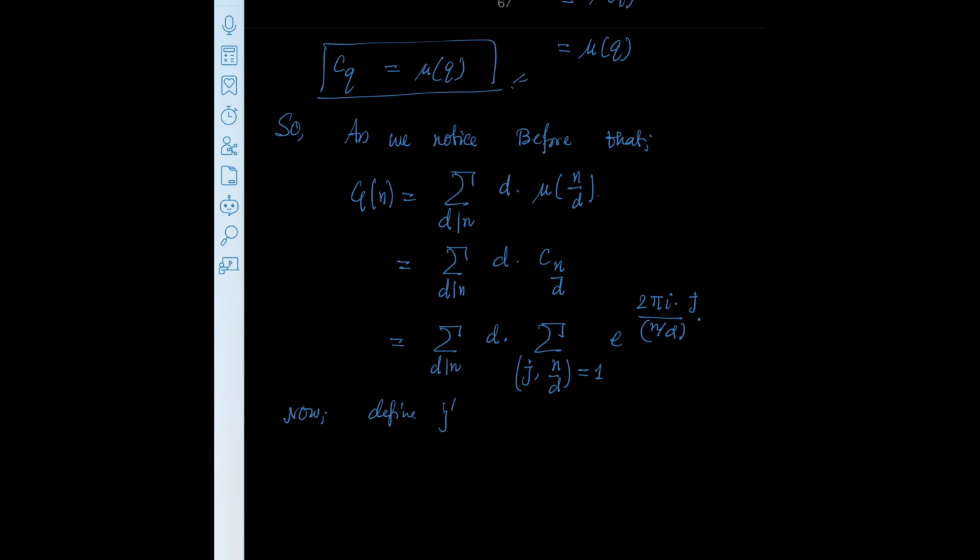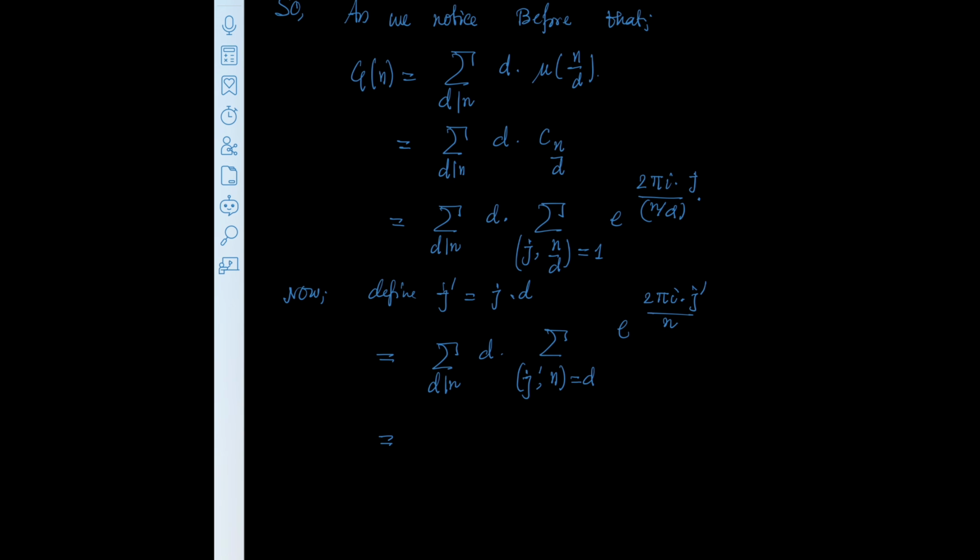Then we can rewrite the sum as the sum over d divides n, sum over j prime with GCD of j prime comma n equal to d, of e to the power 2 pi i j prime over n, right?